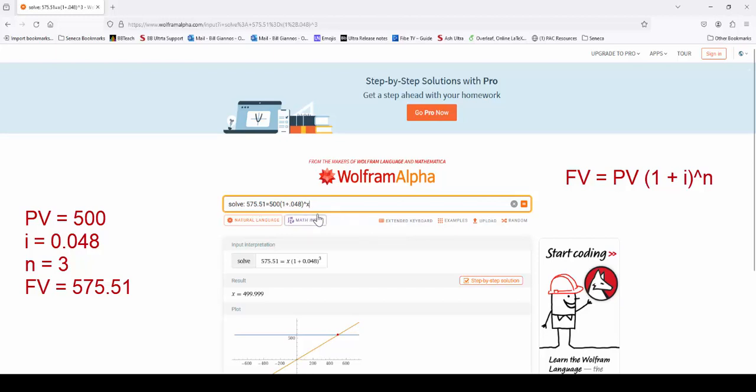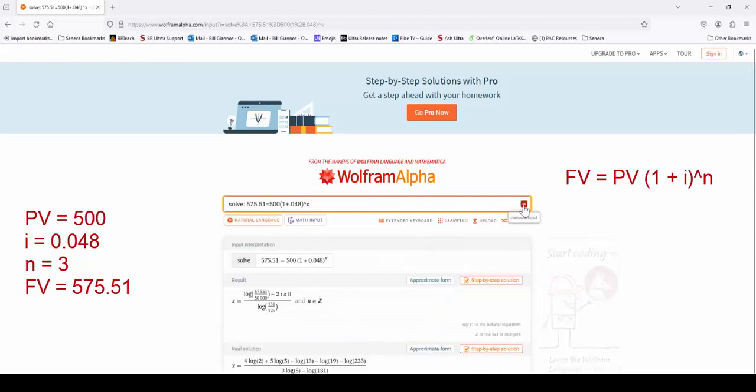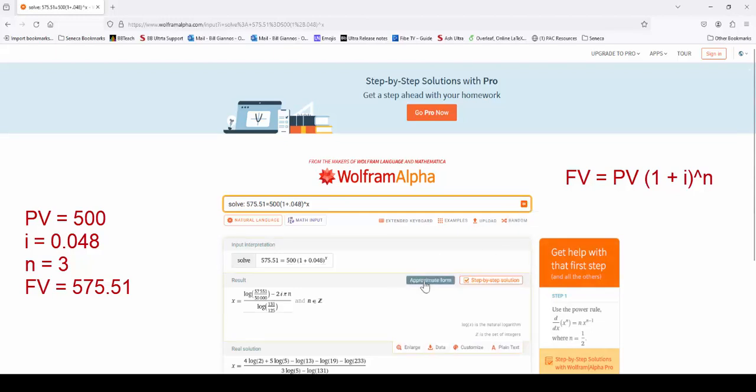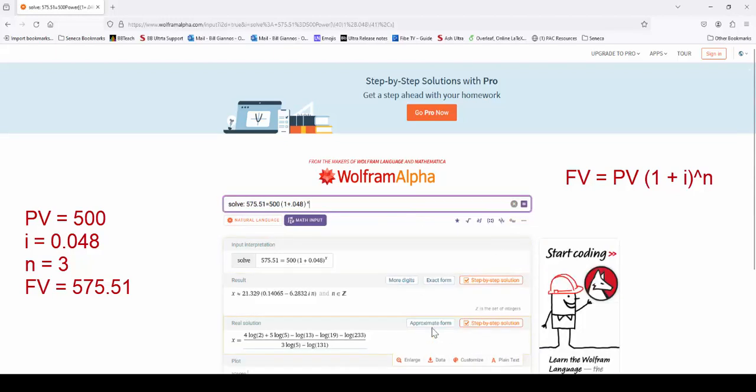The only difference now is we've put x in for n. And when we solve for that, again, we're going to use the approximate number. And when we click on the real solution, approximate form, we get 2.99995, which again rounds to 3.